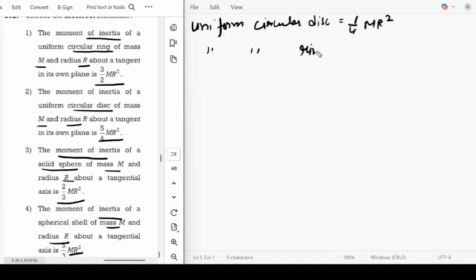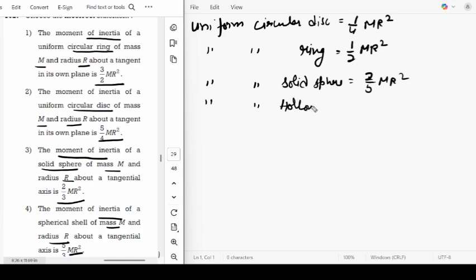Uniform circular ring is 1 by 2 mr square. Uniform circular solid sphere is 2 by 5 mr square. Uniform circular hollow sphere is 2 by 3 mr square.